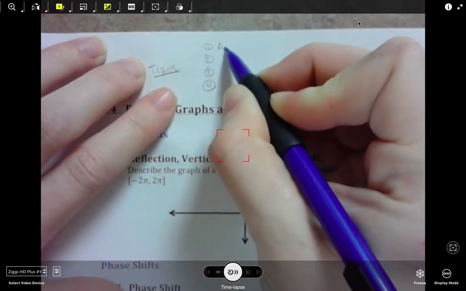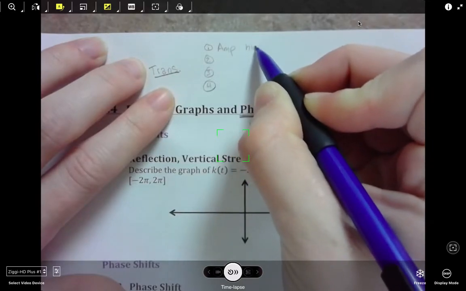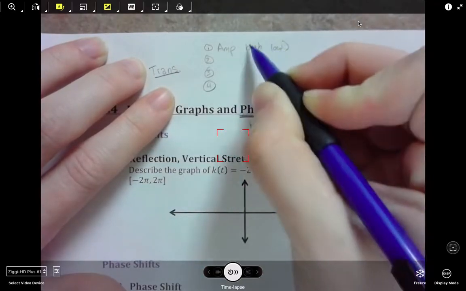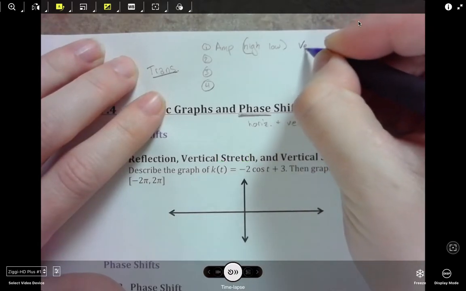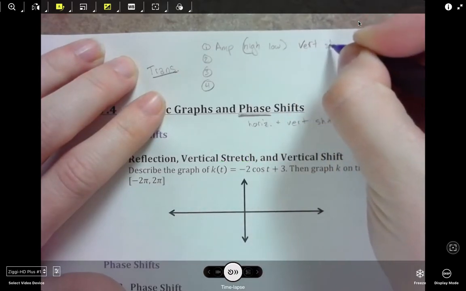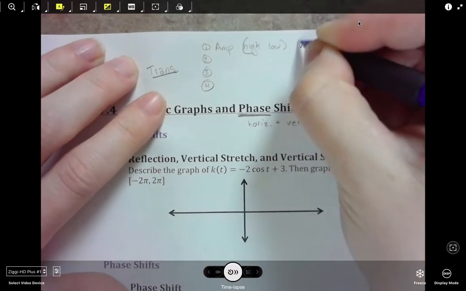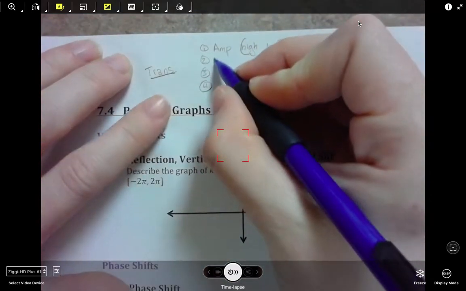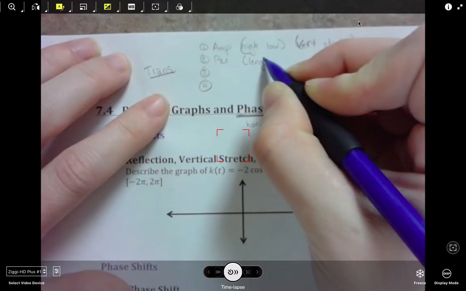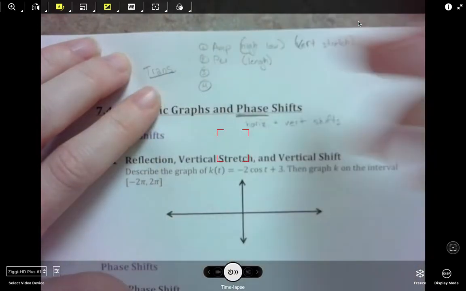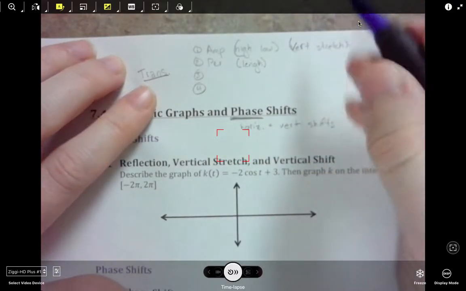They are amplitude, which is how high and low the function goes. That's also like vertical stretching, another way of talking about amplitude. Period, which is the length of the cycle of what sine and cosine are.